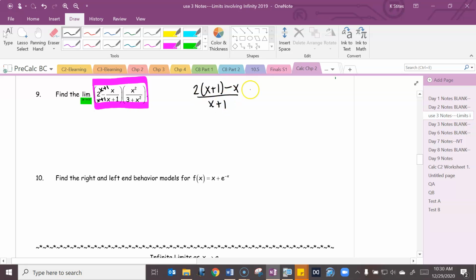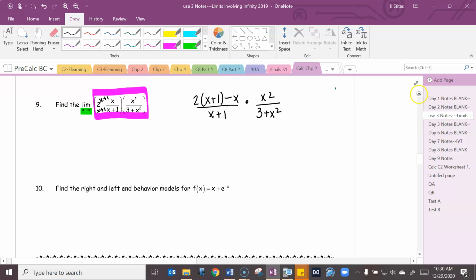So I have this times this. Okay, so this is a 2x plus 2 minus x. So that's just going to be x plus 2 over x plus 1 times x squared over 3 plus x squared.